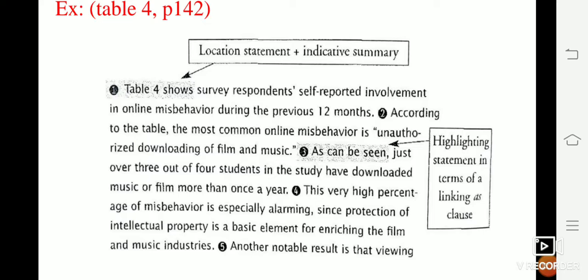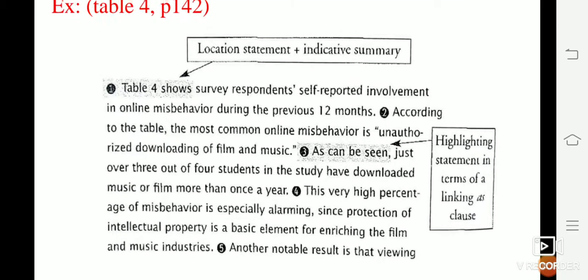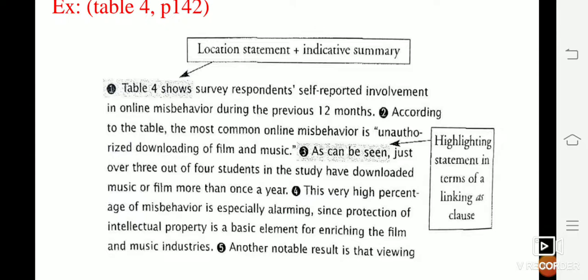Hello, Mr. Taina, are you there? Can you read this one, please? Do you hear me clearly now? Sure, I hear you.